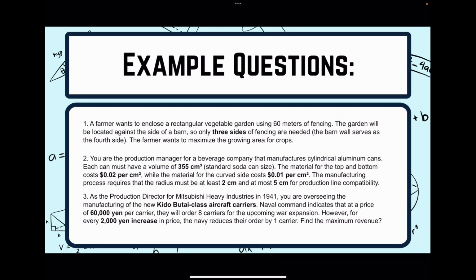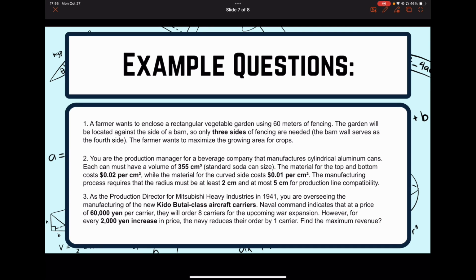The material for the top and bottom costs $0.02 per square centimeter, while the material for the side costs $0.01 per square centimeter. The manufacturing process requires that the radius must be at least 2 centimeters and at most 5 centimeters for production line compatibility. So let's solve this question together.